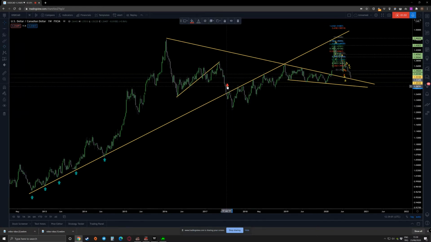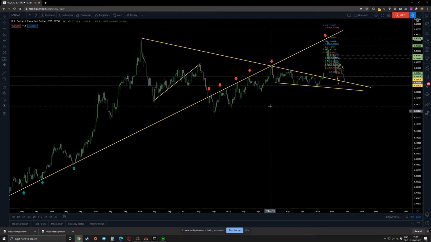Resistance one time, two times, three times, four times, five times. So that is the main trend line for this pair, for the last maybe 7 years or so. Of course, we have these minor ones, but this is what's important.